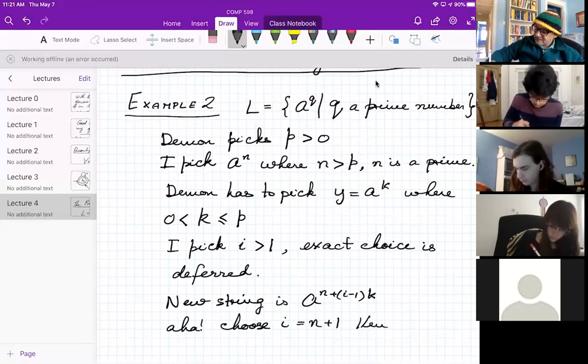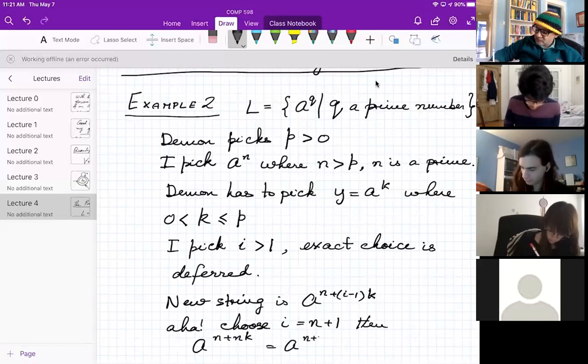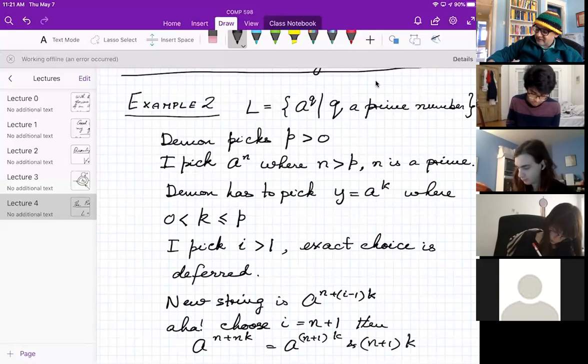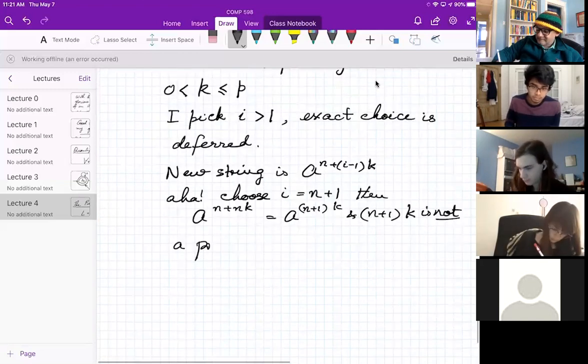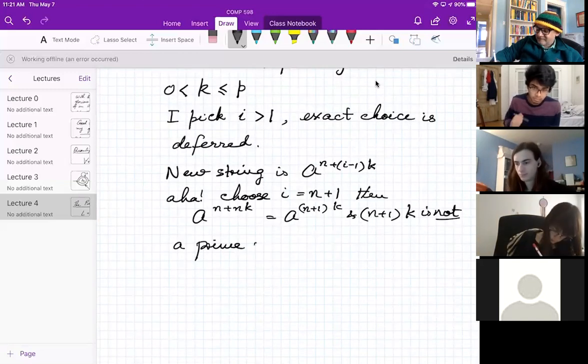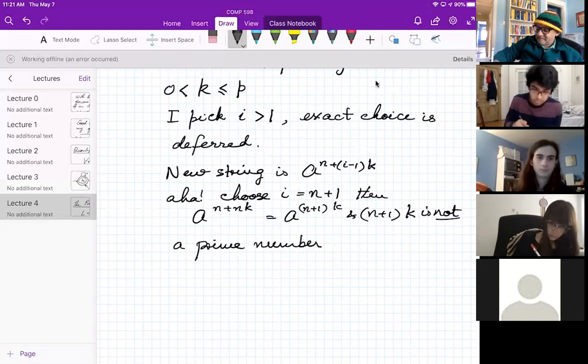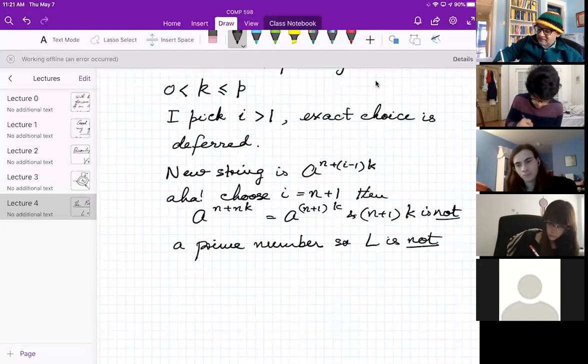Then the new string is a to the n plus nk, which is a to the n plus 1 times k, and n plus 1 times k is sure as hell not a prime. So L is not regular.